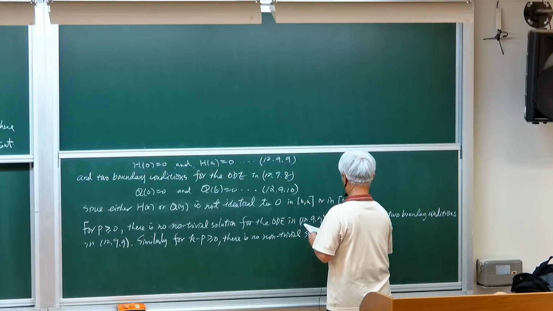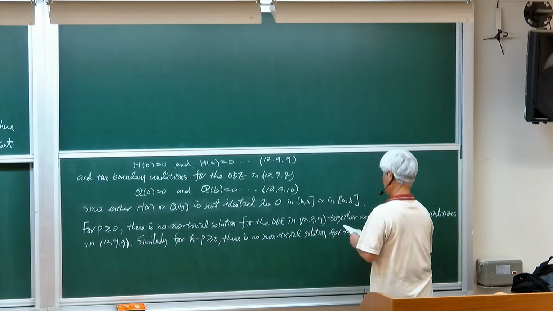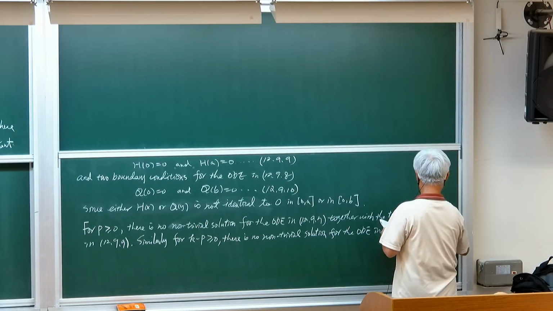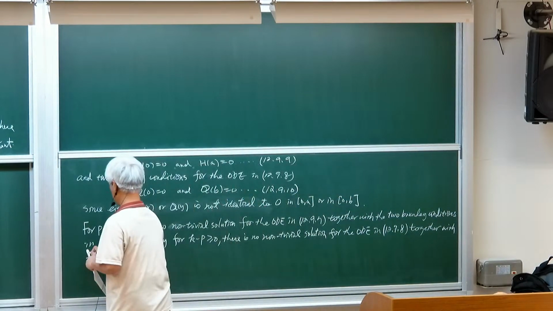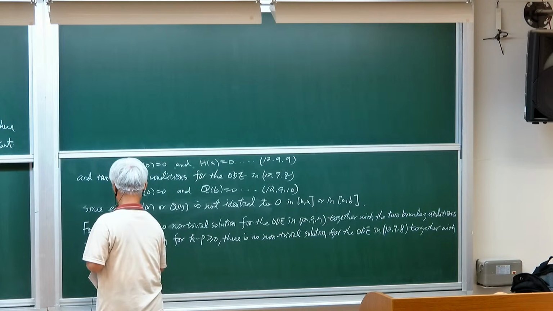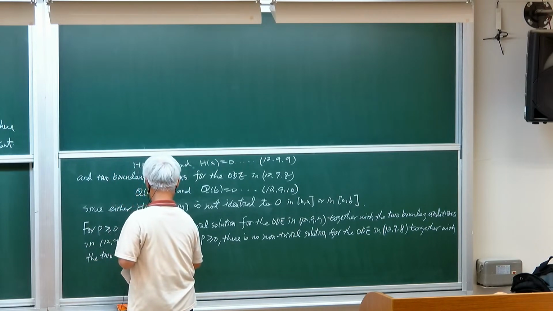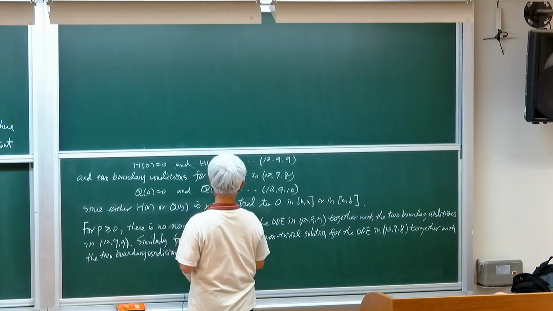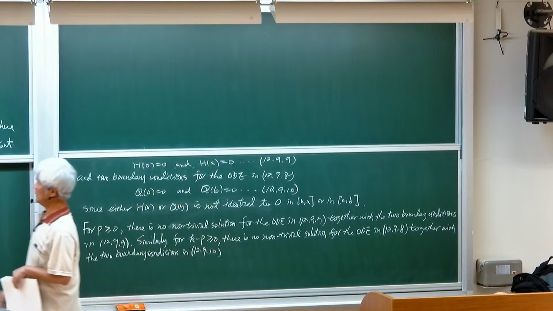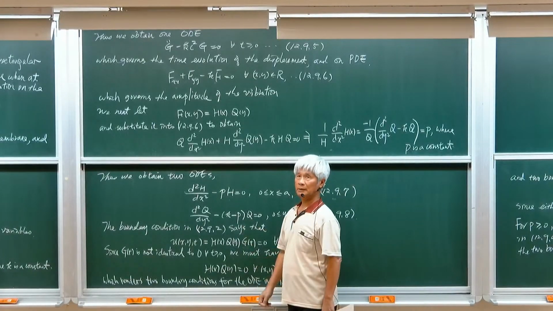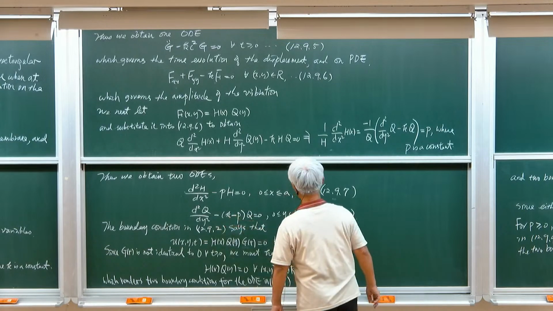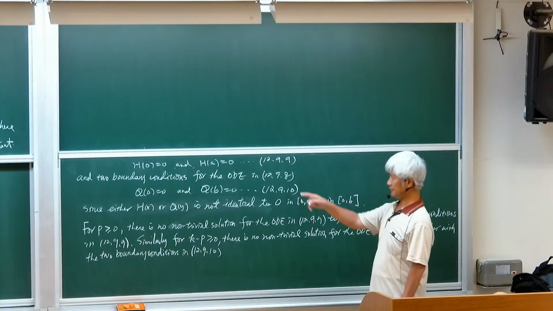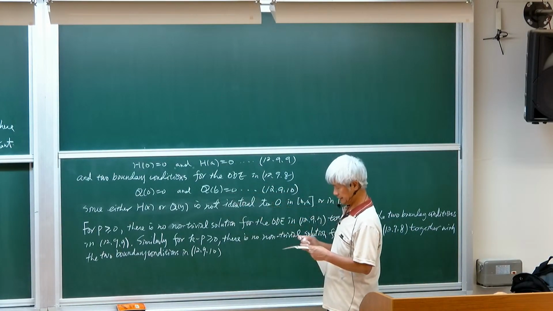Actually, for the ODE in 12.9.8 together with the two boundary conditions in 12.9.10, if K minus P is greater than or equal to 0, then we have no non-trivial solutions satisfying the ODE and also the two boundary conditions.